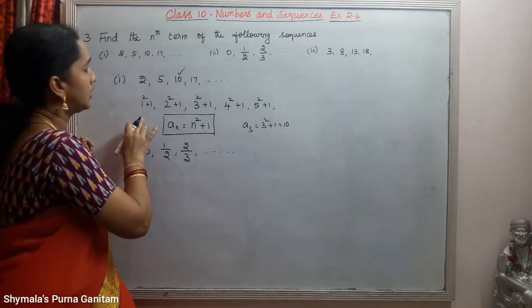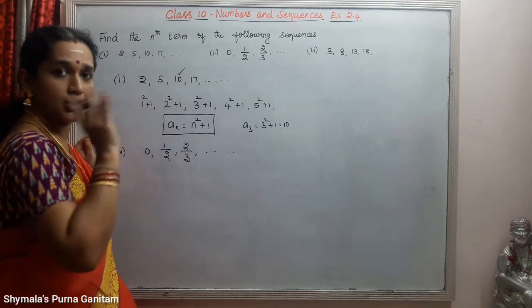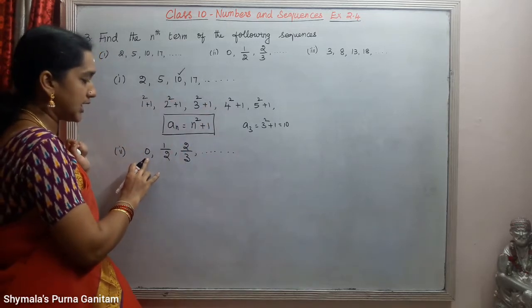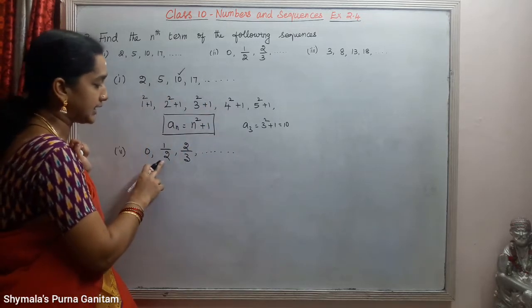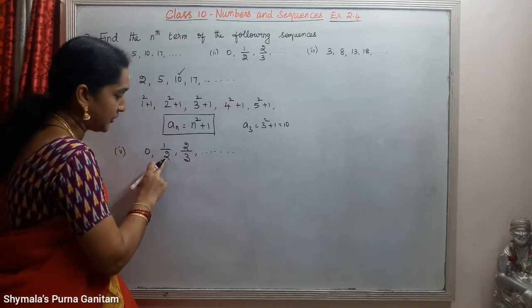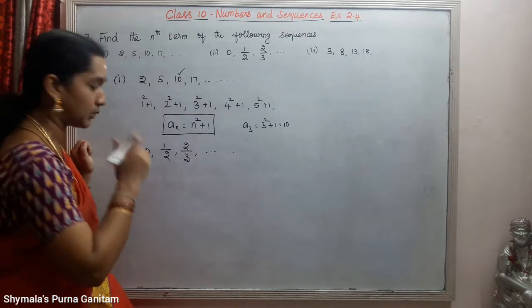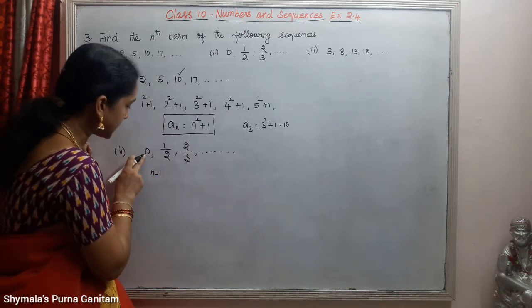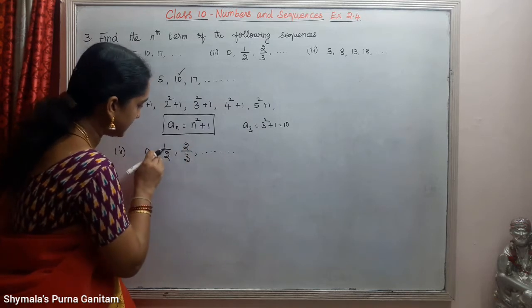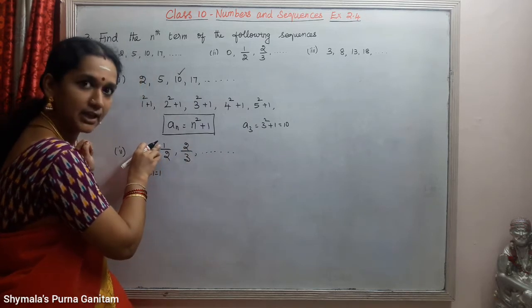So if we are taking n is equal to 1, from that we will start. If we are taking n is equal to 1, the first term we are having is 0. Here in all these terms, one is subtracted in the numerator.